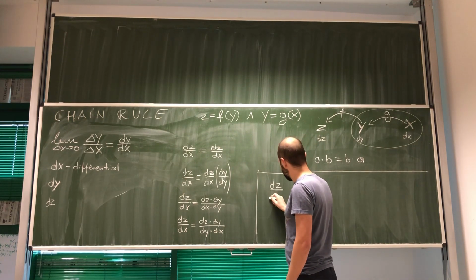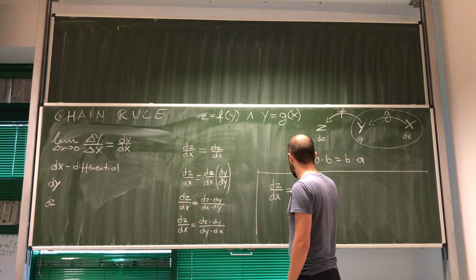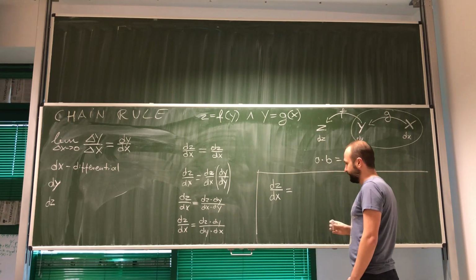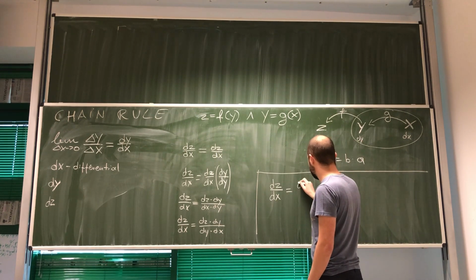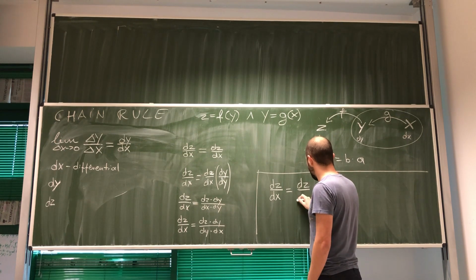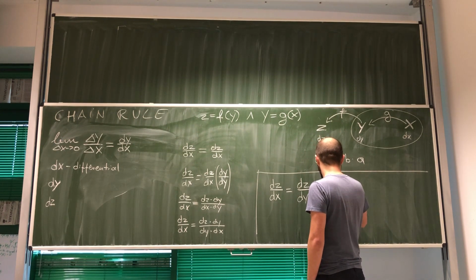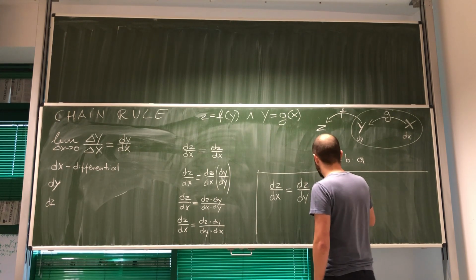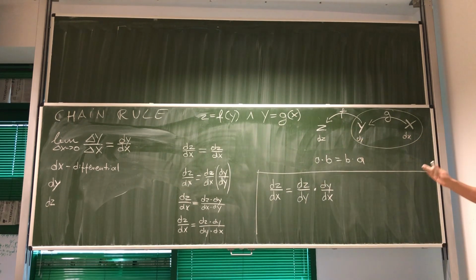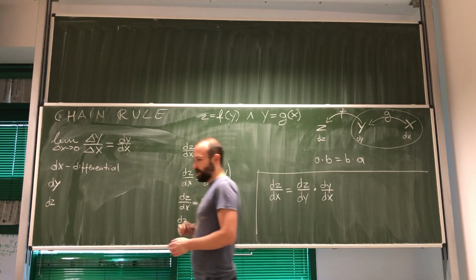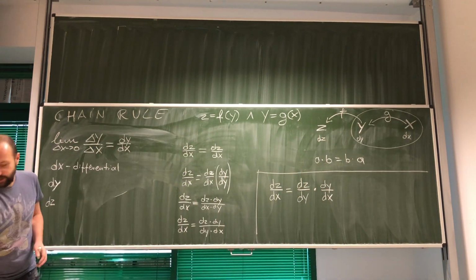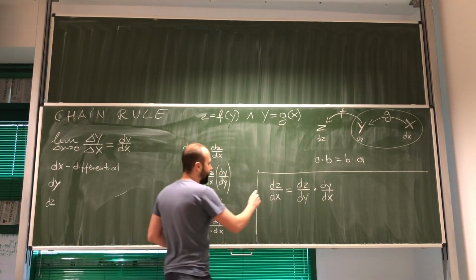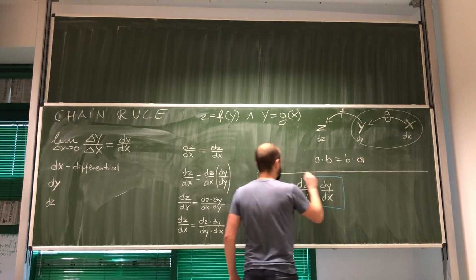That dz/dx is equal to dz/dy multiplied with dy/dx. And actually, this expression that you see over here is already a chain rule.